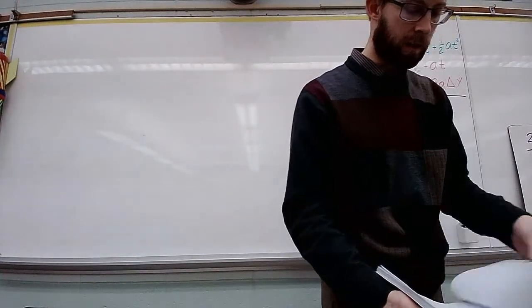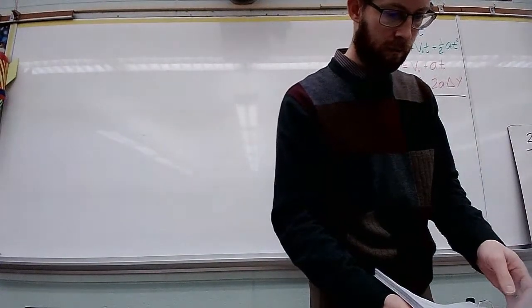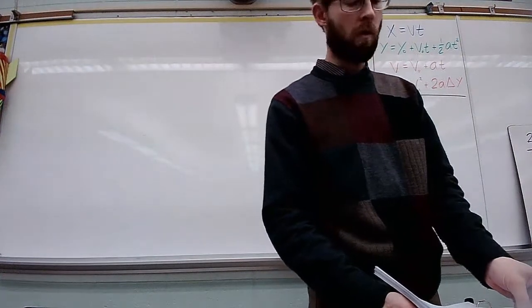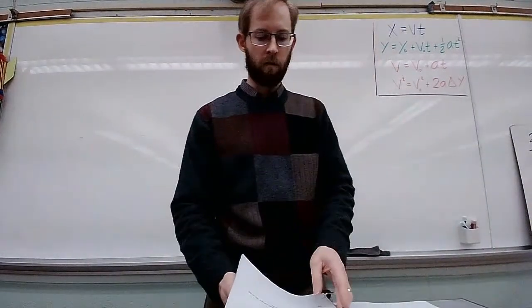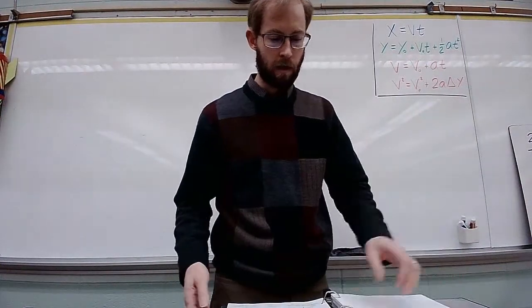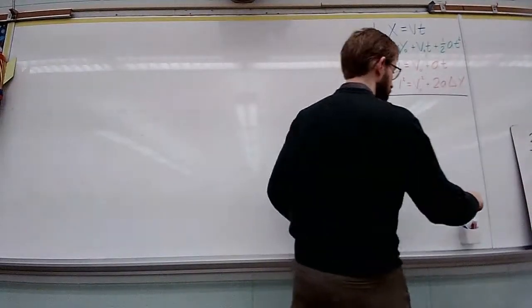Let me just quick see what number I got, and then we'll go through it. Yes. With no horizontal forces acting, that will remain the same the entire time. I got negative 4.43 meters per second for the final vertical velocity.